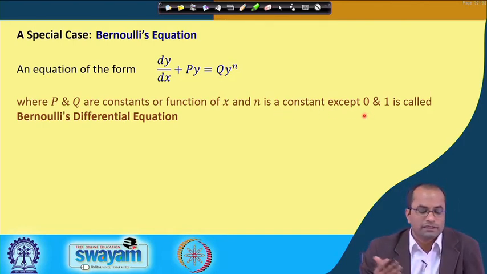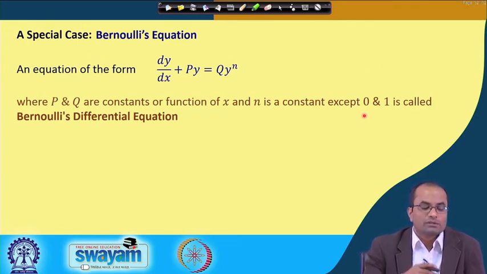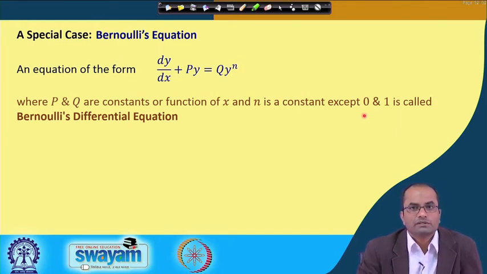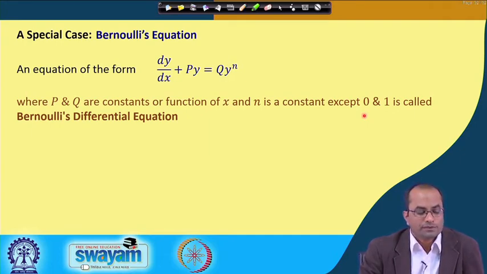It can take any value other than 0 and 1, and such an equation is called Bernoulli's differential equation. This Bernoulli's differential equation is a special case of the idea we have discussed earlier, that it can be reduced to a linear differential equation by an appropriate substitution.